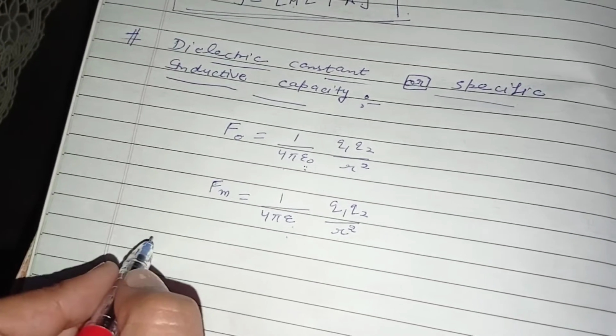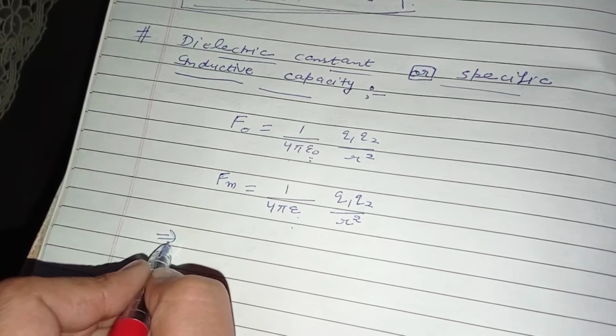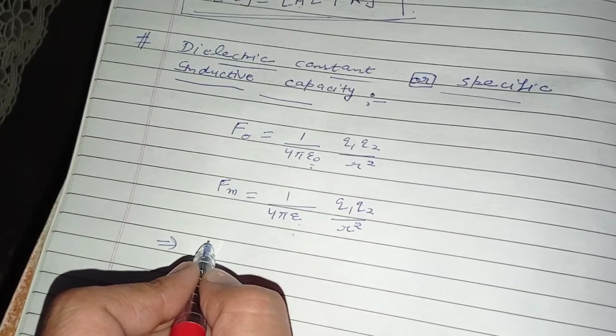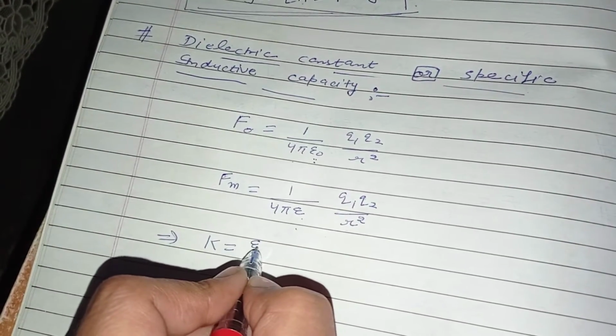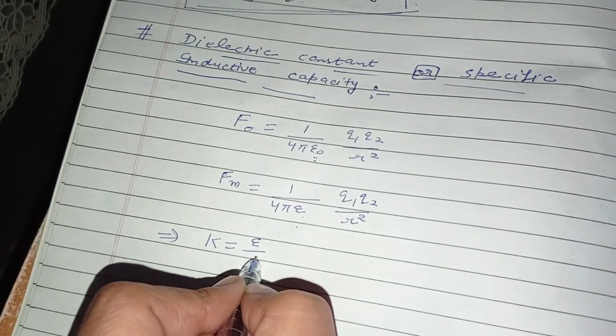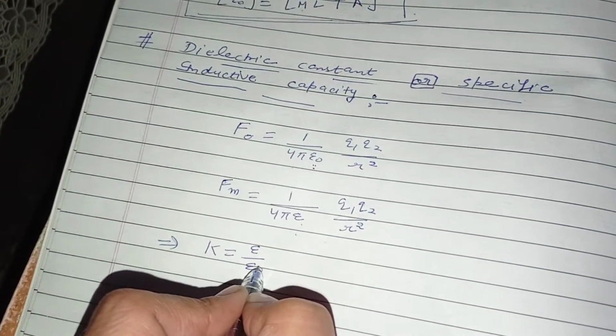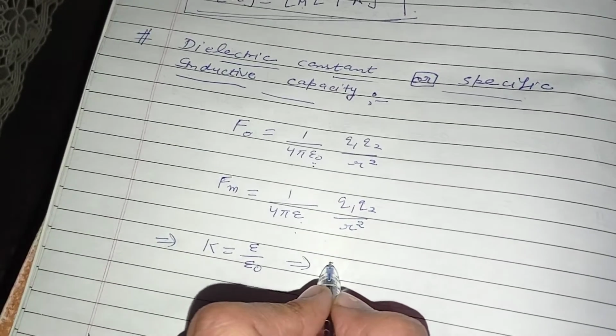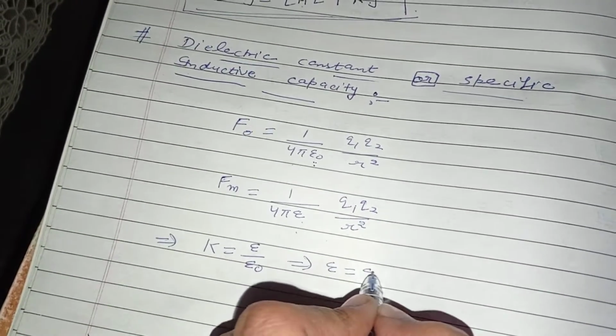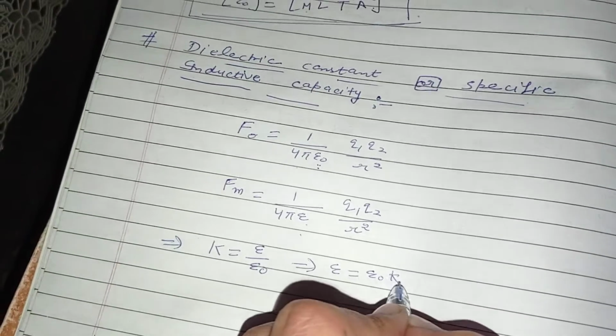In the last lecture, we also studied that the dielectric constant is the ratio of the absolute permittivity of the medium to the absolute permittivity of free space. By applying this definition, we get epsilon is equal to epsilon naught k.